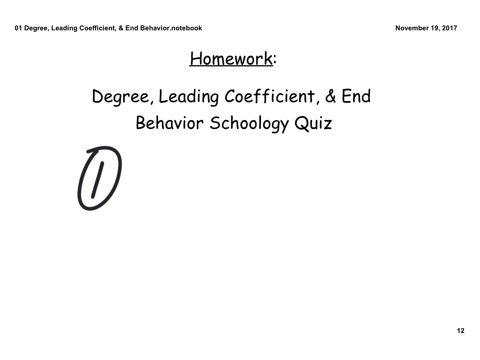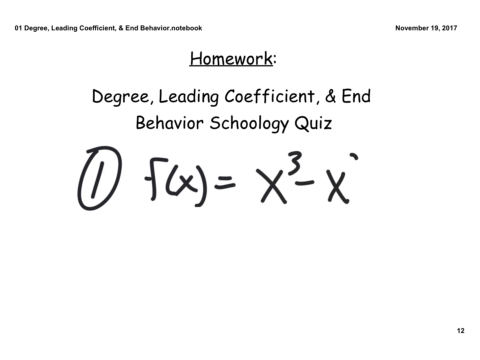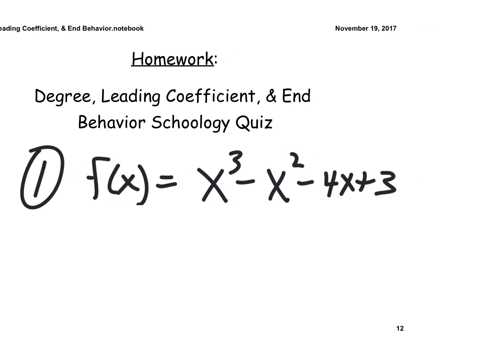Ready? Excellent. Now, what were the 2 things I had to give you? The degree. Degree is 3. Leading coefficient. Leading coefficient is 1. That's pretty easy.